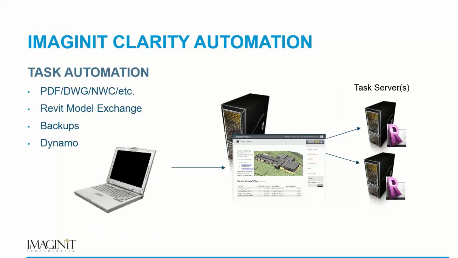So on the task automation side, actually, before I get too deep into this, let me start by saying that Clarity fundamentally is an on-premise product. It's an intranet-based product. It is not a cloud-based product.